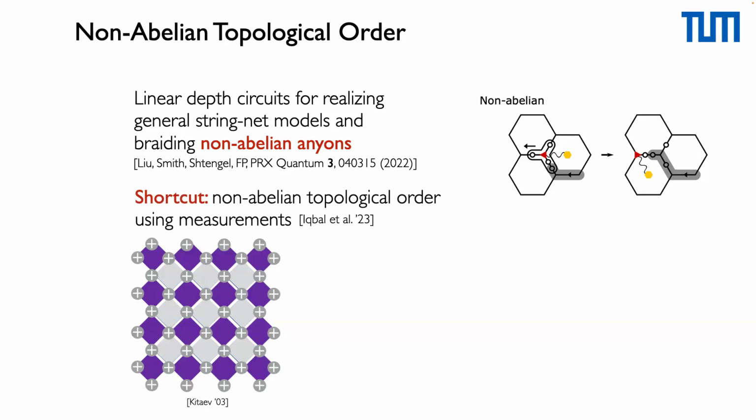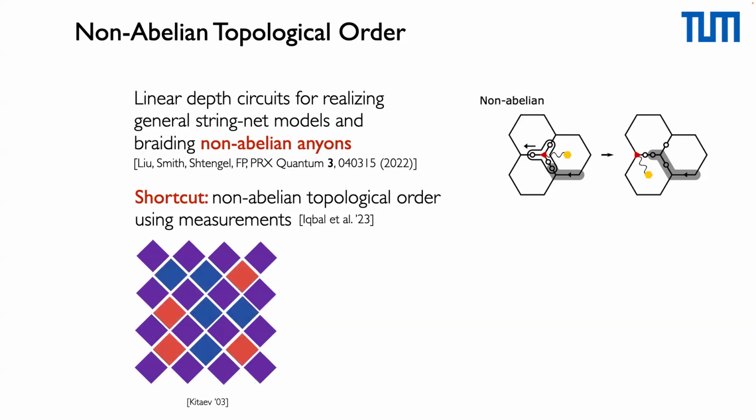And the idea is the following. One prepares the state in a simple plus state, which means we take the initial state as we had it before and apply Hadamard gates to all qubits. Now all of these qubits are in a plus state, which would mean that all the plaquette terms are happy and all the star terms, for example, are unhappy.